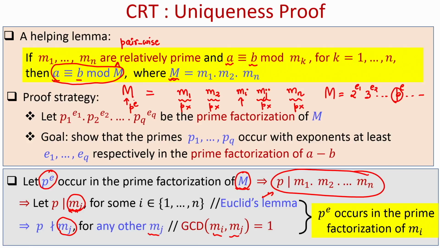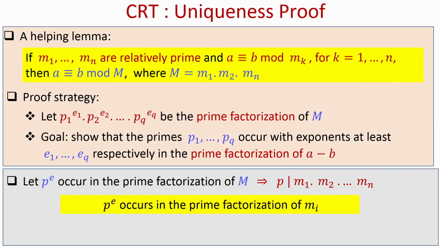So, that means the only way this p power e would have been accumulated in the prime power factorization of m is because it was present in the prime power factorization of mi itself. Okay. So, that is a conclusion I have drawn, that p power e occurs in the prime power factorization of mi.